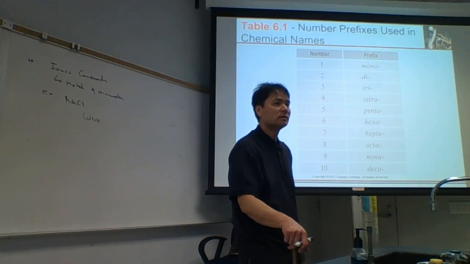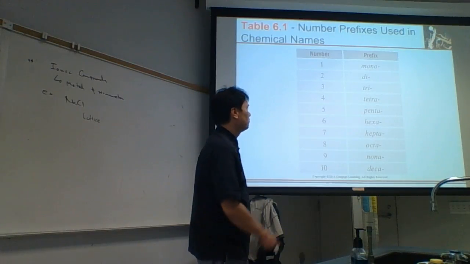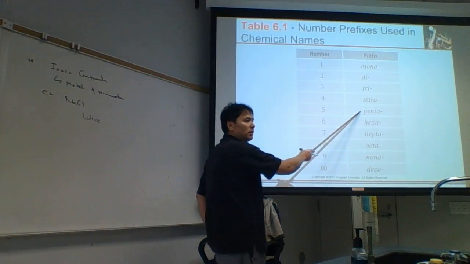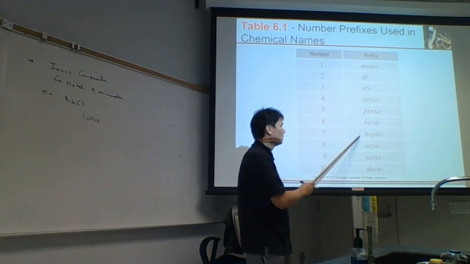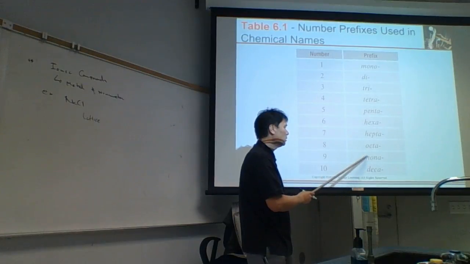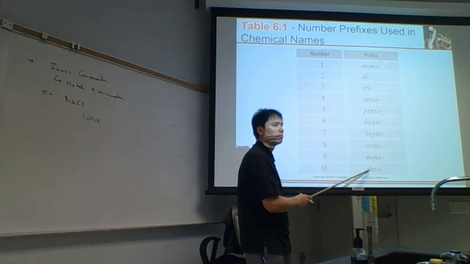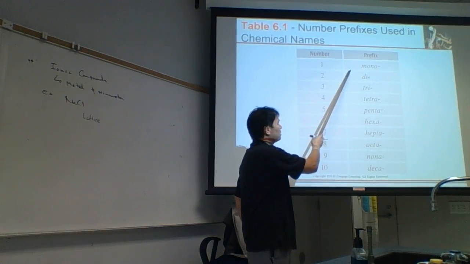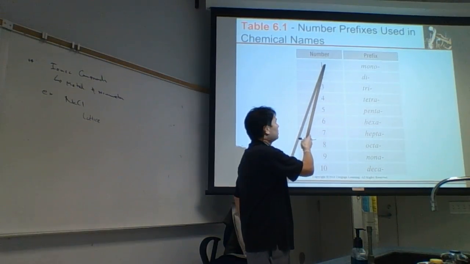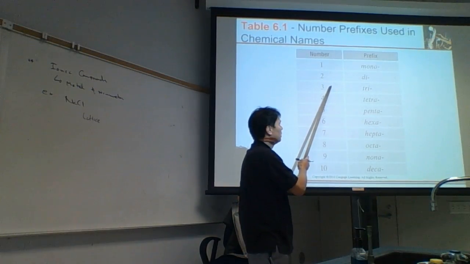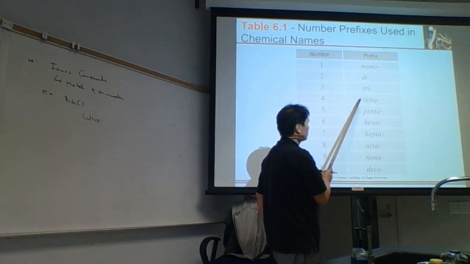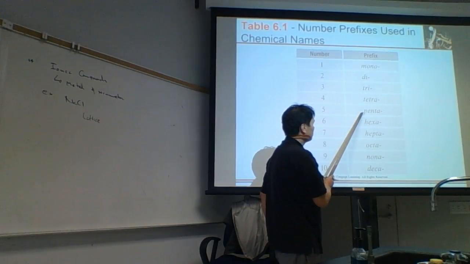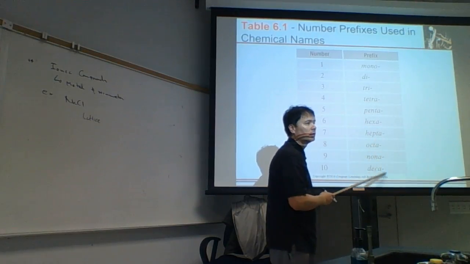Once we hit 5, then a 5 carbon alcohol is called pentanol, a 6 carbon hexanol, heptanol, octanol, nonanol, and decanol. It's just the first 4 that get different names: meth, eth, prop, but. As far as the prefixes go, it's mono, di, tri, tetra, and then the rest are the same: penta, hexa, hepta, etc.